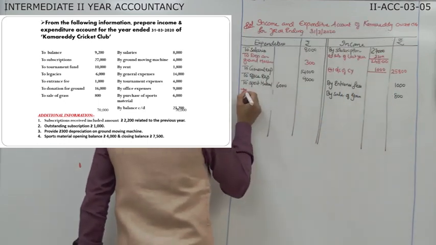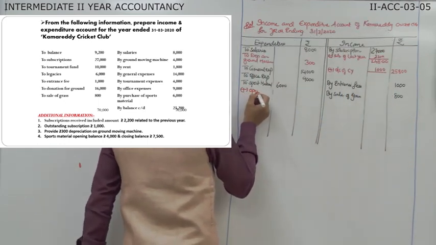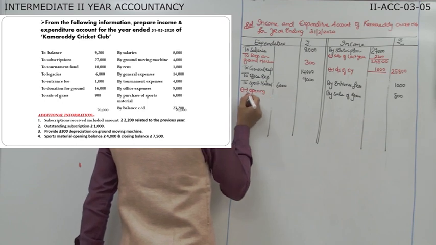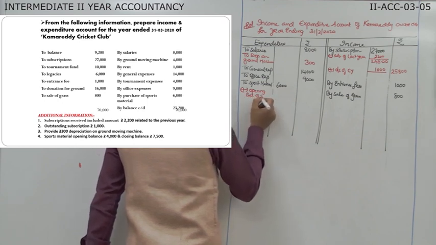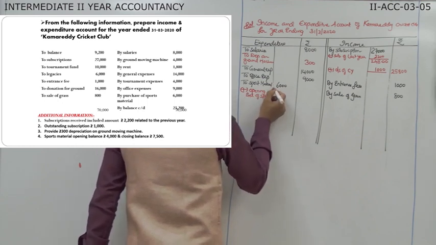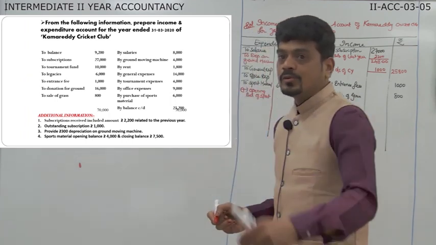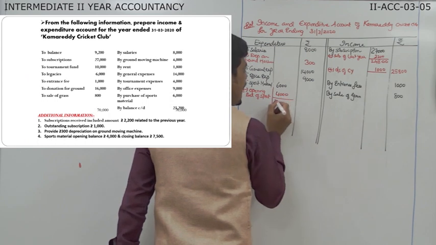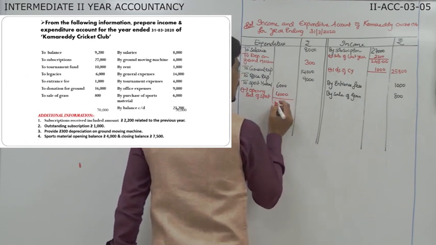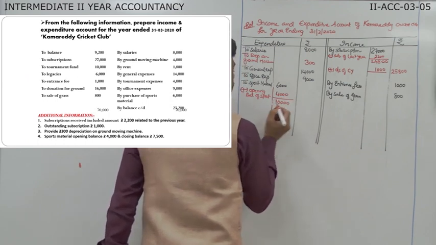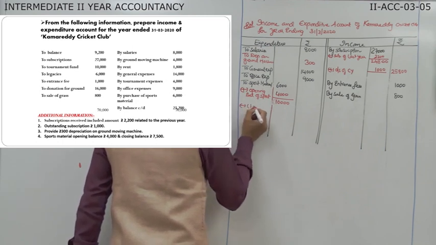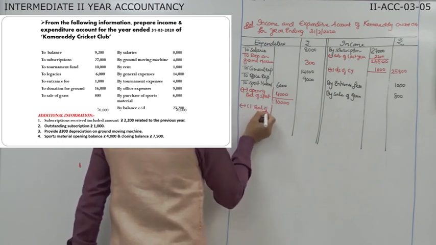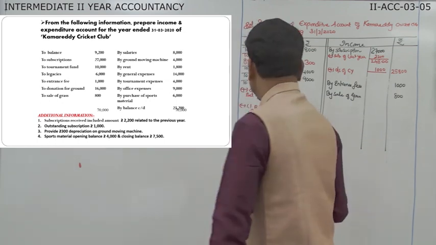I told we'll add opening. So add opening balance of sports material. How much is the opening balance given? 4,000. So if I add 4,000, total is 10,000. From that I'll minus closing balance of sports material. How much is the closing balance given?